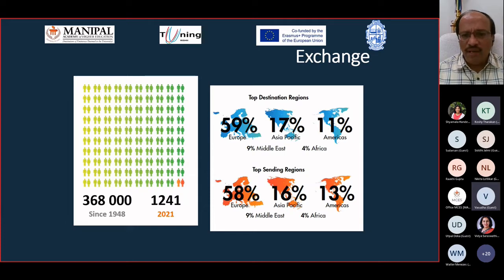So around 59% of exchange is from Europe, 17% are Asia Pacific, 11% are from America, 9% from Middle East, and 4% from Africa. So this is the number with respect to top destinations and top sending countries. If you see, the number is approximately the same.